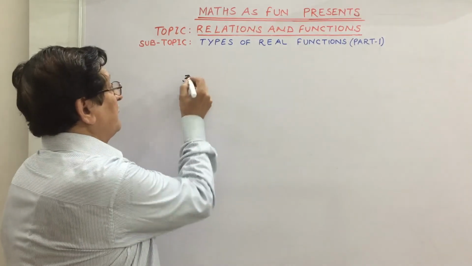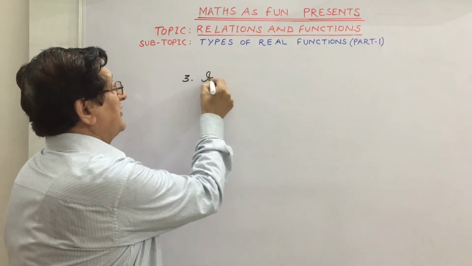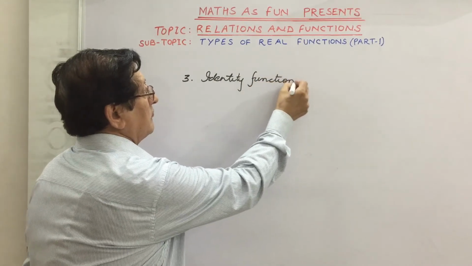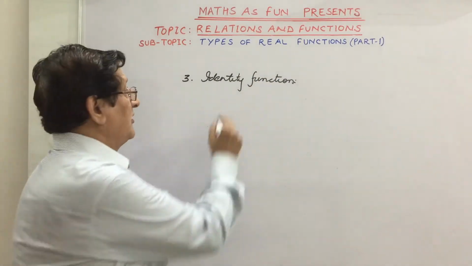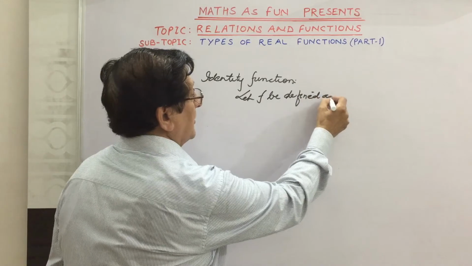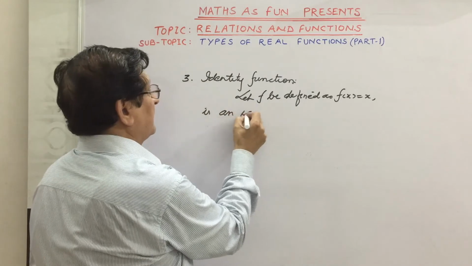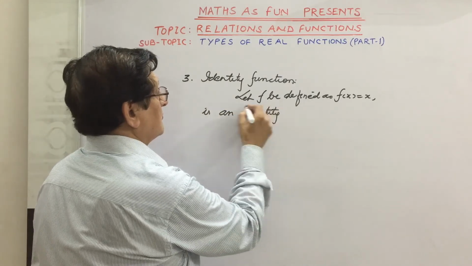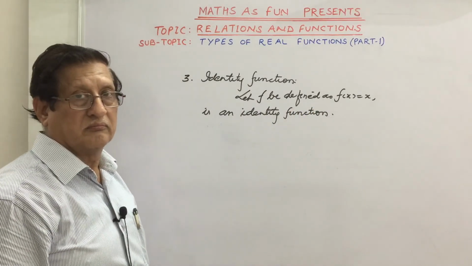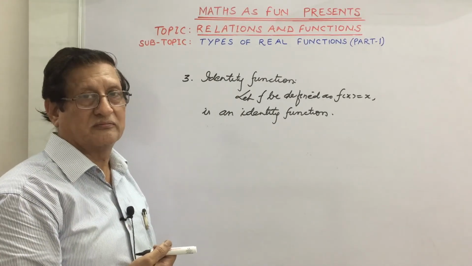The third type of real function we have is the identity function. What is an identity function? Let f be defined as f(x) = x. This is an identity function. It means every real number has the image as itself.